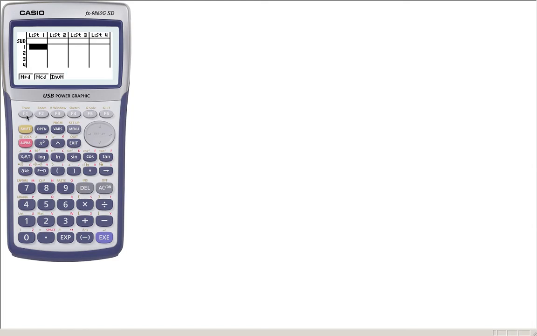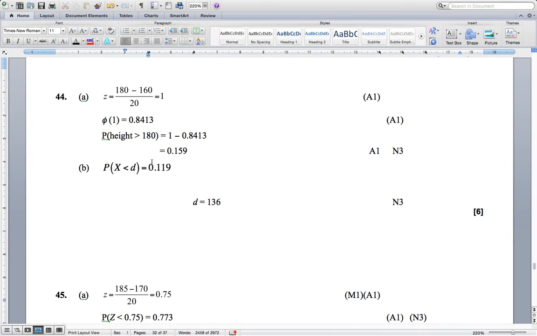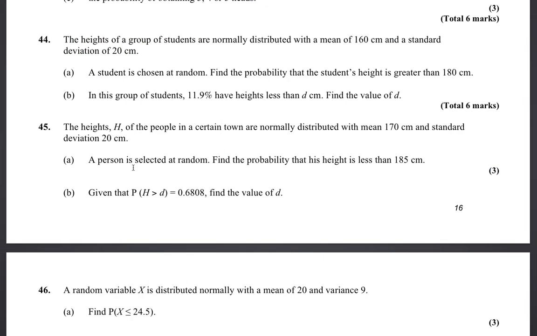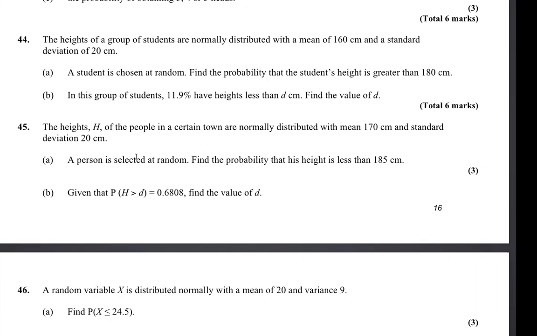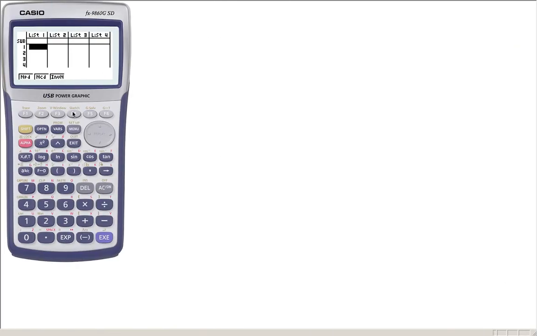normal. Now if you have to find the probability, then you'll use NCD. Now the probability is given, isn't it? You know the probability, but you need to find the value of d. Okay, so for that, where here d represents the height of students, I'll find inverse normal. The tail is left because it is less than d.